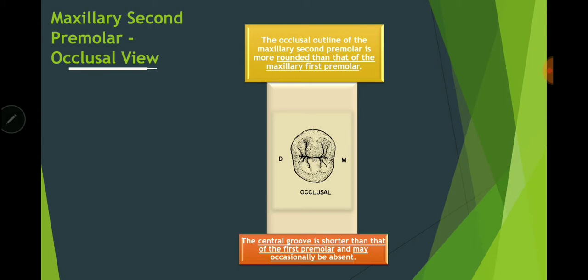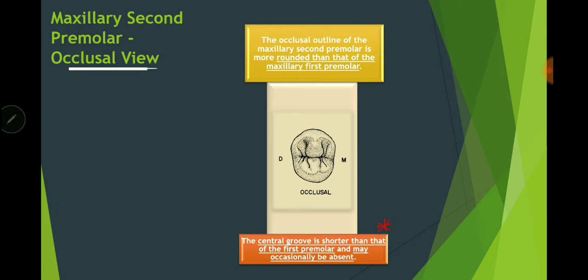Very high yield, okay? And the central groove is shorter than that of the first premolar and may occasionally be absent. So sometimes the central groove in the maxillary second premolar may be absent. So you have to keep that in mind.